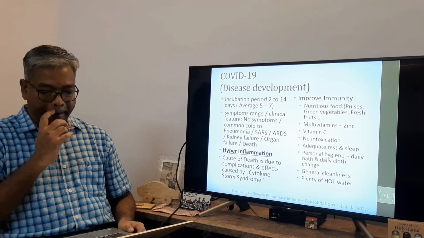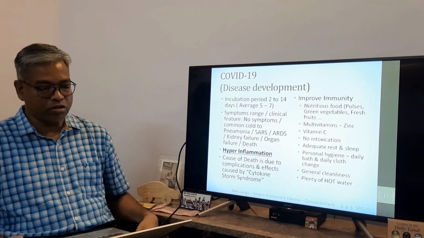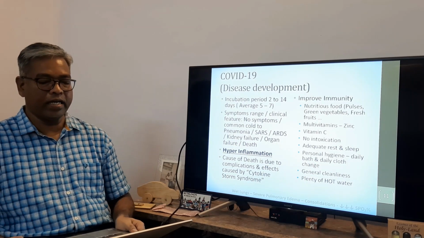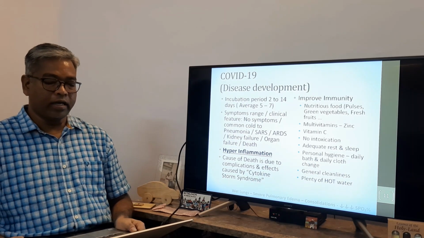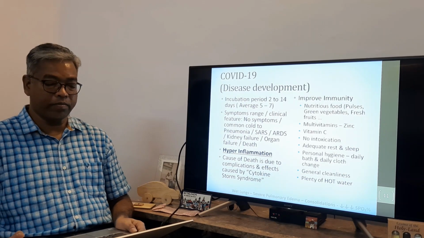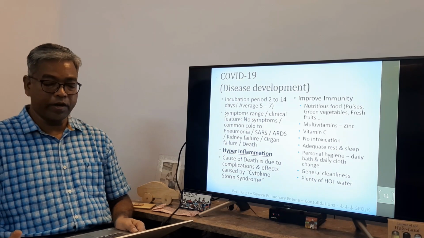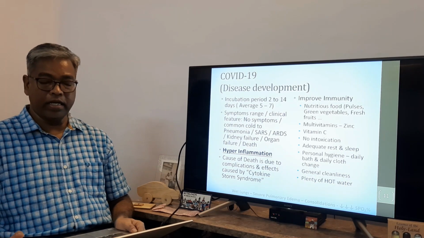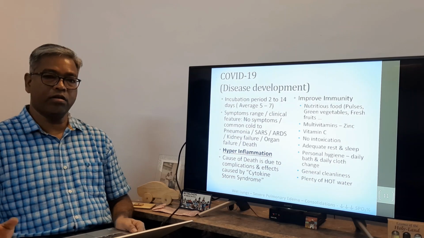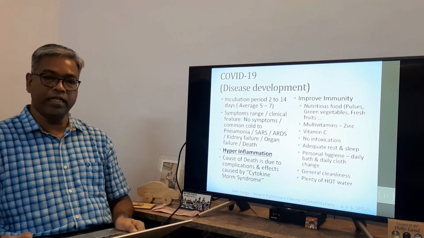Of course, when we look at the complications, pneumonia, SARS and ARDS, that is acute respiratory distress syndrome, the lungs become wet, which is also called wet lungs, and there is severe pulmonary edema. If you take the X-ray or the CT or maybe ultrasound, you will see lots of consolidations in the chest.